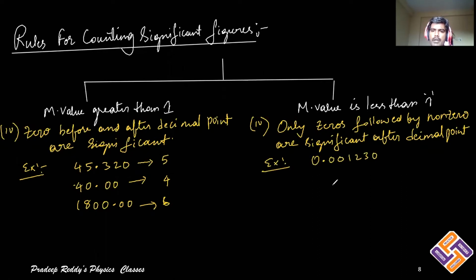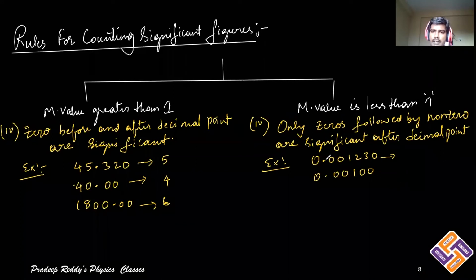Say you have 0.001230, 0.00100. What is the rule telling? This is less than 1. 0 point something is less than 1. So in this case, what is the rule telling? Zeros followed by a non-zero. There should be a non-zero. After a non-zero, whatever zeros are there, they are significant.